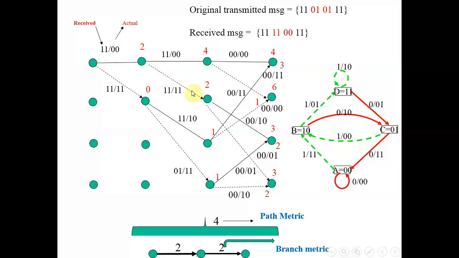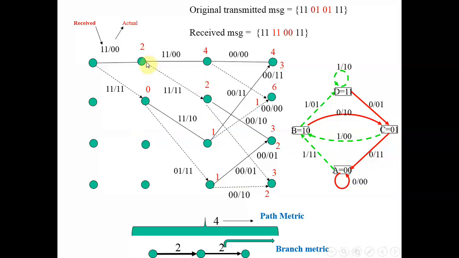But suppose I have come to A and now I am taking this path, my expected output is 1 1, my received is 1 1, so there is no error. So branch error is 0, but as I am coming from this node to this node, this 2 will be carried forward and my total error count here is 2.